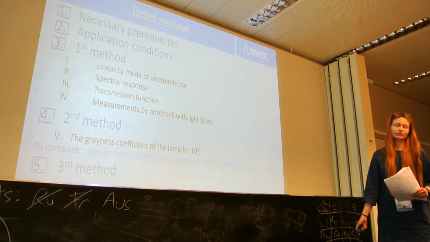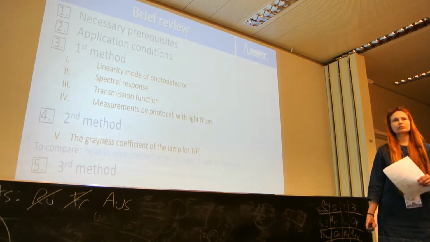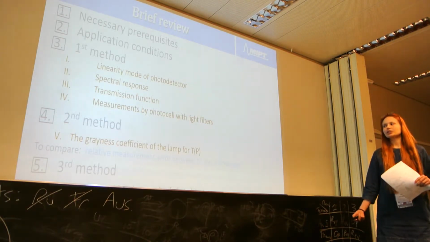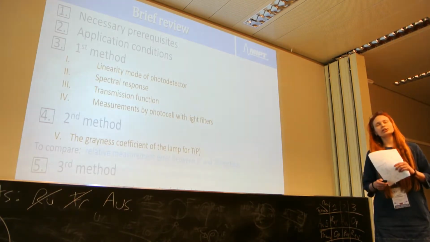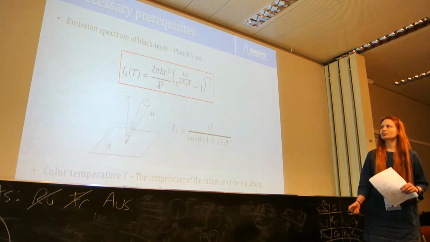The second method is photos of the spectrum of a lamp, to understand how close it is to the spectrum of the black body. The third method uses only a couple of detectors with different spectral responses.